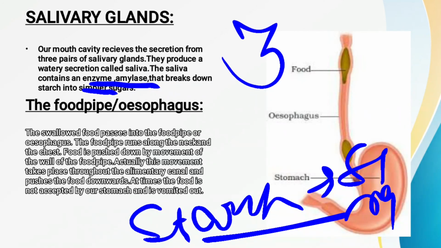And at times, whenever the food is not accepted by our body, for example sometimes children overeat, then our stomach does not accept any more food substances, and sometimes we vomit that substance out.